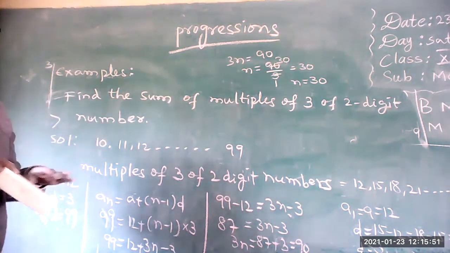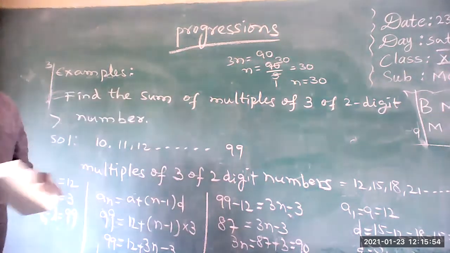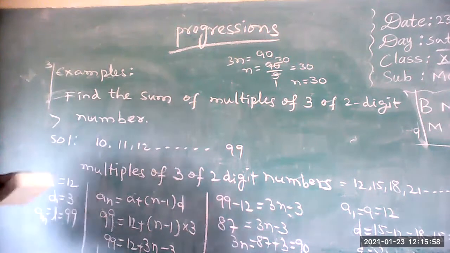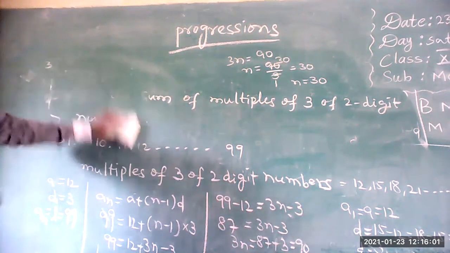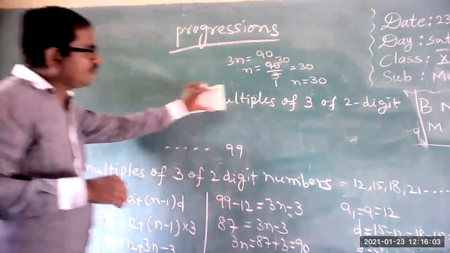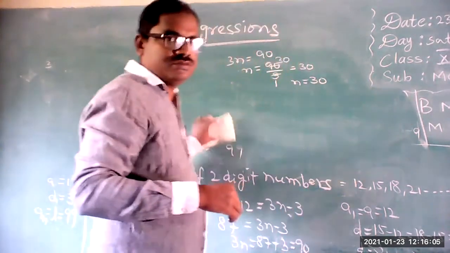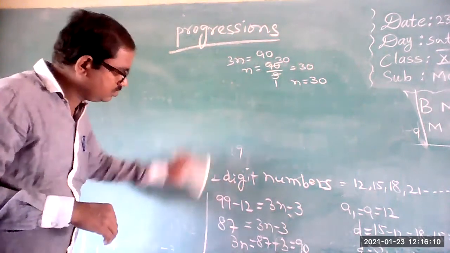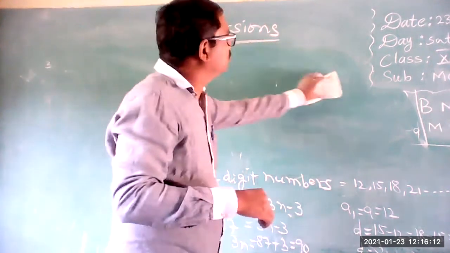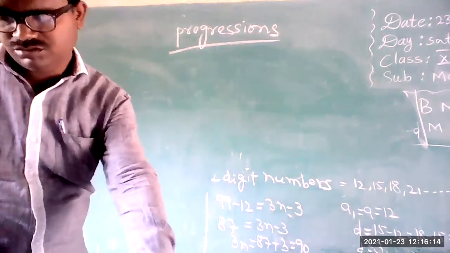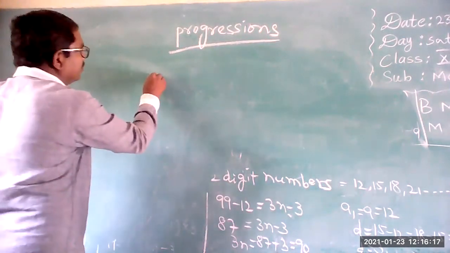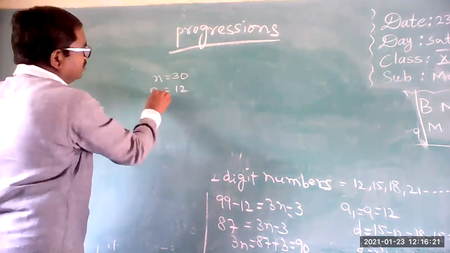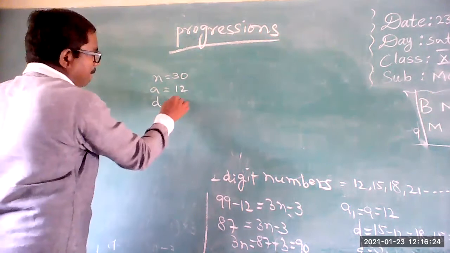So now find the sum of the 30 terms of multiples of 3. Here n is given as 30 terms, A is 12, D is 3.